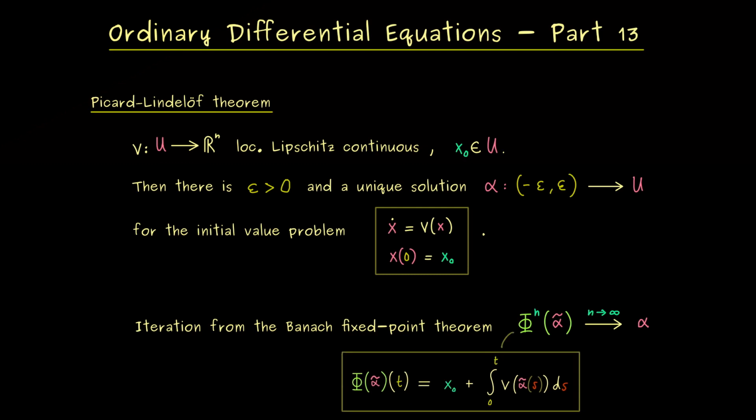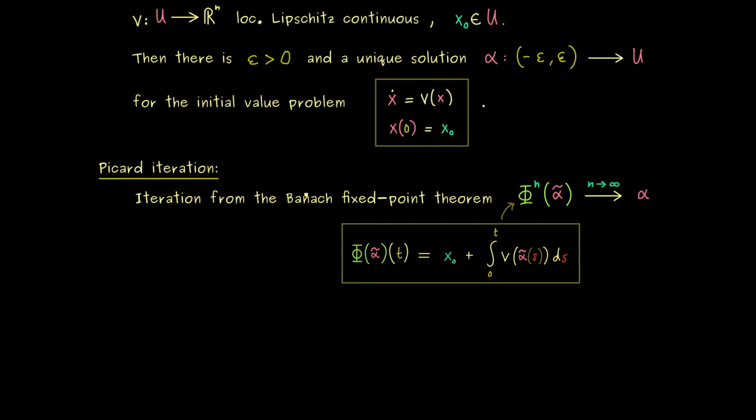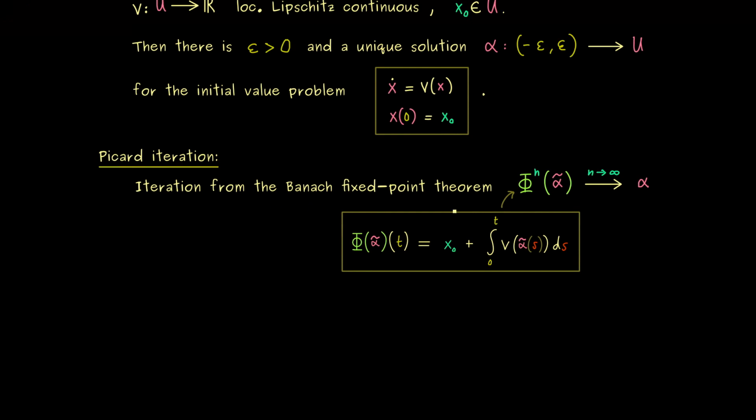However, this implies that doing this composition n times means that we have n integrations in a row. Okay, and now I should tell you that this approximation process for a solution is often called the Picard iteration. And indeed, you see it's not magic at all, because it immediately comes out of the proof from the Picard-Lindelöf theorem while we applied the Banach fixed point theorem.